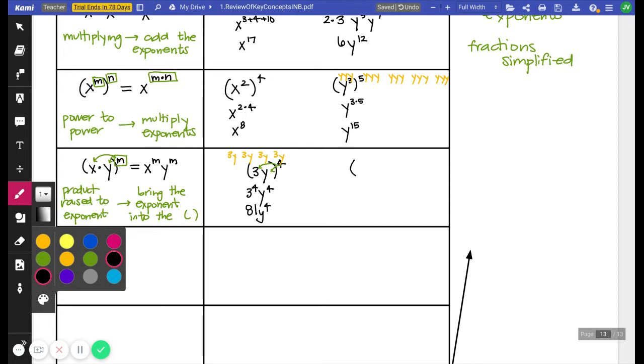Another quick example, let's say I have 2x squared to the fifth. That 5 hits the 2, and the 5 hits the x squared. I get 2 to the fifth, and x squared to the fifth, 32x to the 10th. Okay.